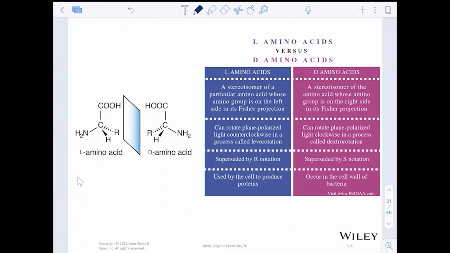But what's really important to know is the D amino acids, the same structure, just the mirror image of it, is actually not used in our bodies at all. It occurs in the cell wall of bacteria, though, and it rotates plane polarized light in the opposite way, clockwise. And so we'll see that these ideas of chiral centers are extremely important, even though it might seem like, well, it's the same molecule, right?